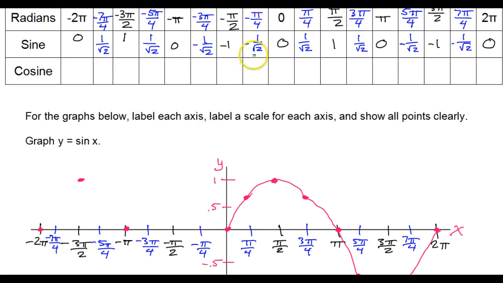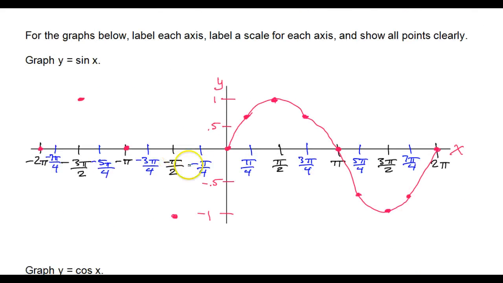Once again, all of these 1 over radical 2's are just going to be positive or negative 0.7. So this is going to be a negative 0.7, and this is also a negative 0.7, and we'll have a positive 0.7 and another positive 0.7.